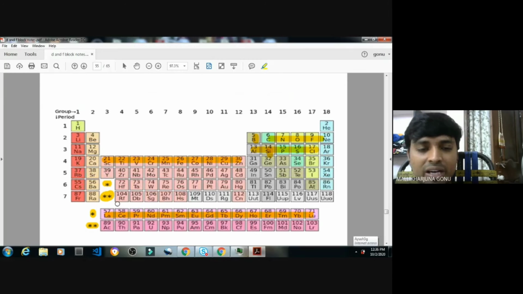But in this case, protons are adding and electrons are also adding, and the electrons are adding only in the f orbitals. Due to the poor shielding effect of the f block elements, all these have almost similar sizes. That is the reason all the physical and chemical properties of these elements are almost similar. Every element is very close in chemical properties.